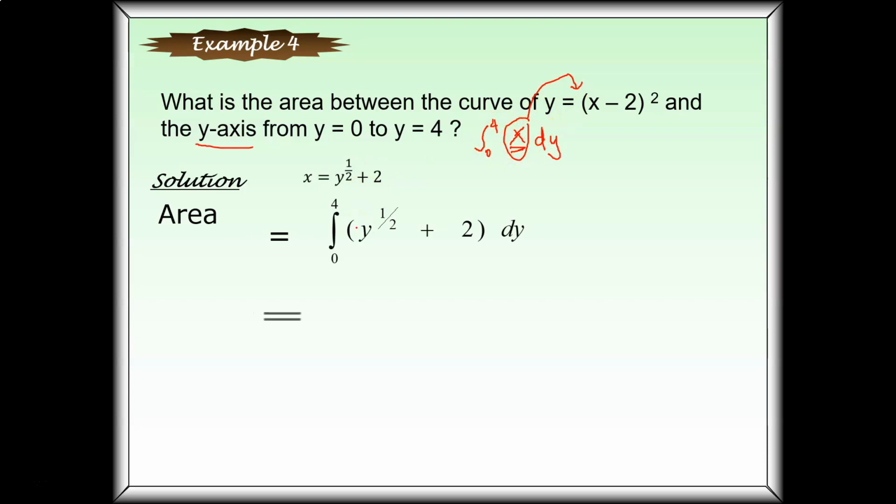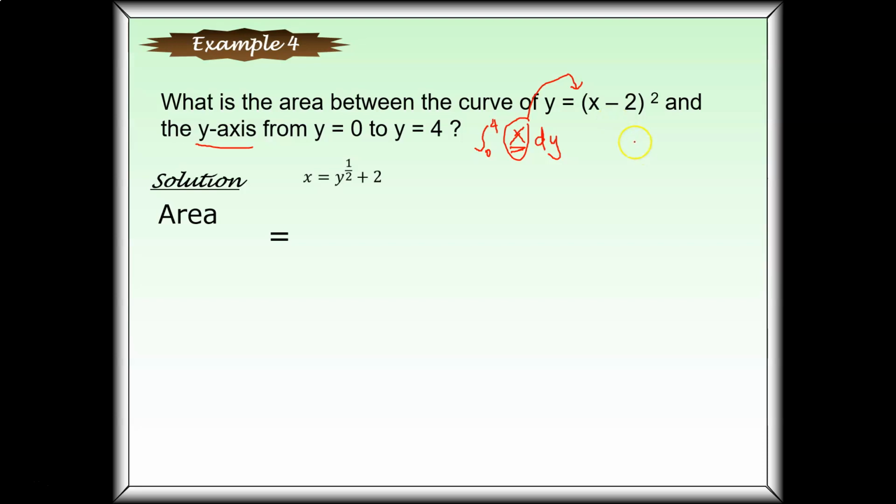Firstly, you have y equals x minus 2 squared. So we rearrange it. We want x to become the single term on the left hand side. So this square over here, you bring it to the other side, and it will become a square root. So y will become y to the power of half. This minus 2 you bring to the other side, it will become plus 2. So what remains is just x over here.